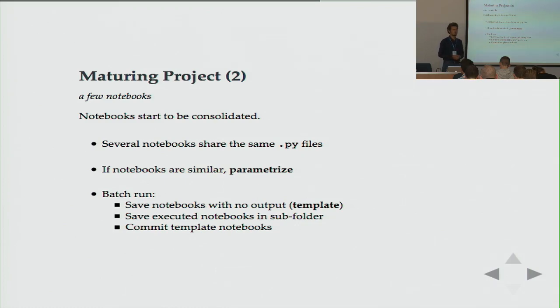So the way to do it is you save your original notebook without outputs. So this notebook you can commit to the Git repository because it's just a JSON file without big figures and so on. Then you save the executed notebooks in a subfolder that will be reports or output notebooks. These will be bigger files.